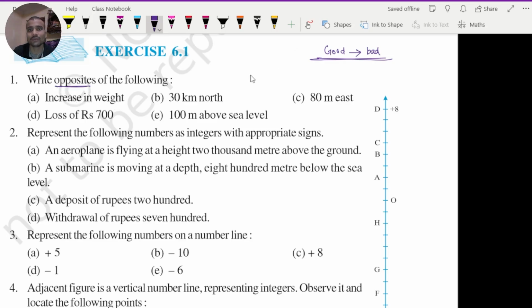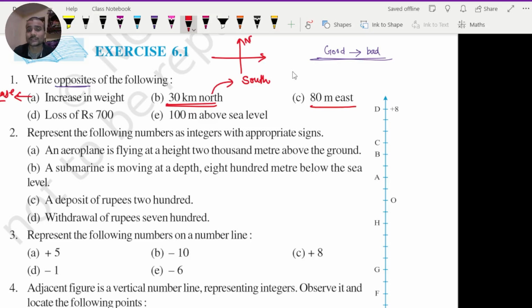Let us suppose weight is increasing. So the opposite of this is decrease in weight. 30 kilometer north. If this is north, the opposite of this is south. So 30 kilometer south. Okay.